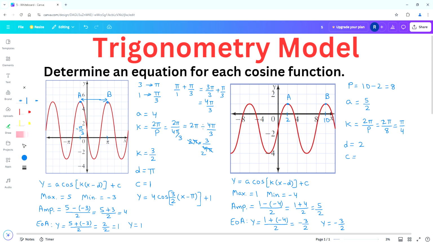We got negative 3 over 2 for equation of axis. So C is equal to negative 3 over 2. Now we can write the equation for the cosine function. This should be the final answer for the second graph.